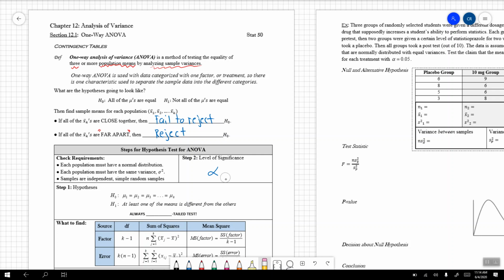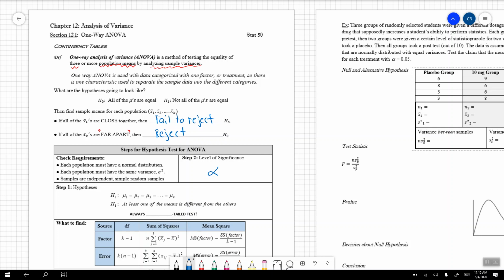This level of significance allows us to observe how far apart we want these to be. If they're more than a certain amount apart, then we're going to reject the null hypothesis, and if they're not too far apart, then they don't fall within the rejection region, which means we fail to reject the null hypothesis.